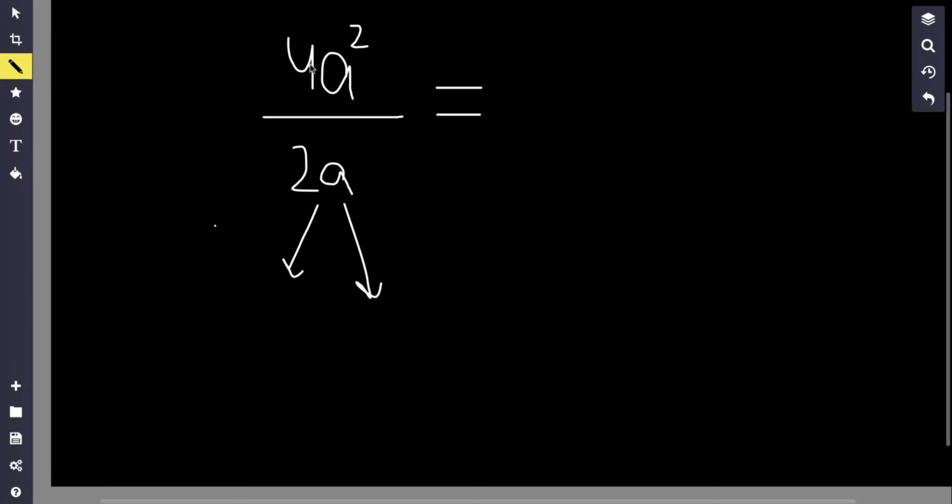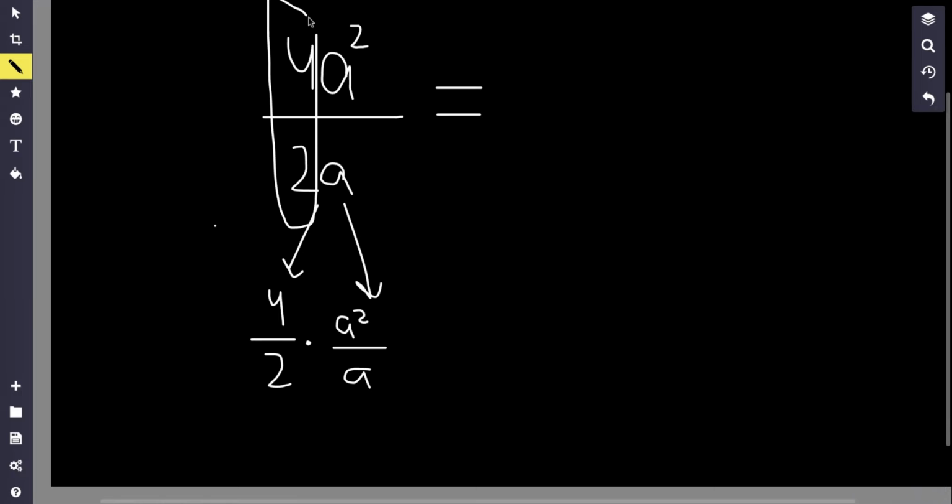So the first fraction we can write as 4 over 2, and this is going to be multiplied by a squared over a. You kind of see what I did there. I separated the letter part of the fraction from the number part of the fraction.